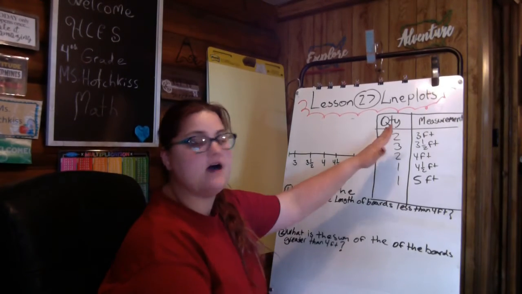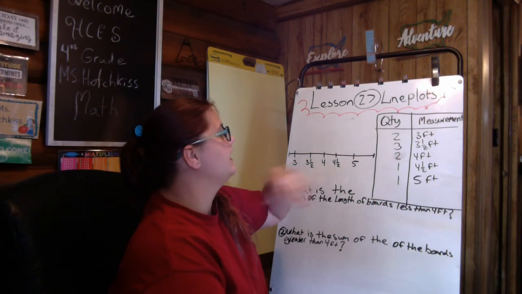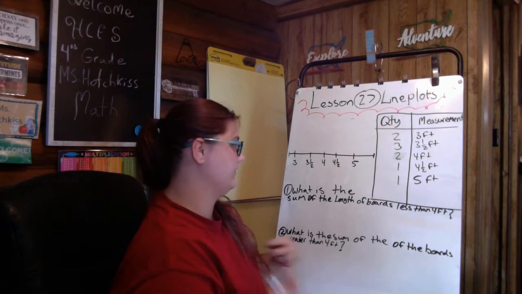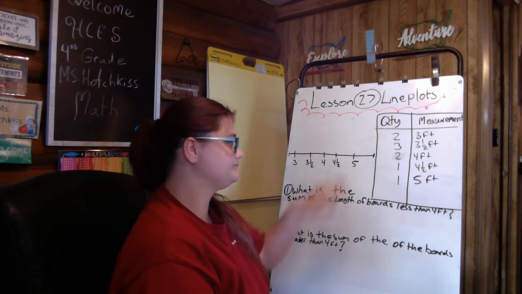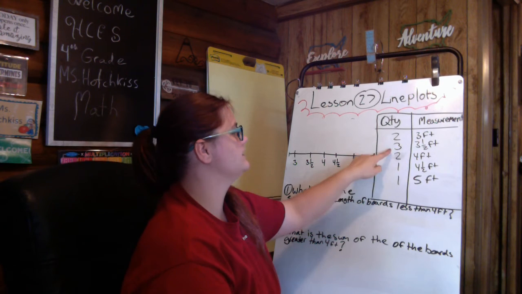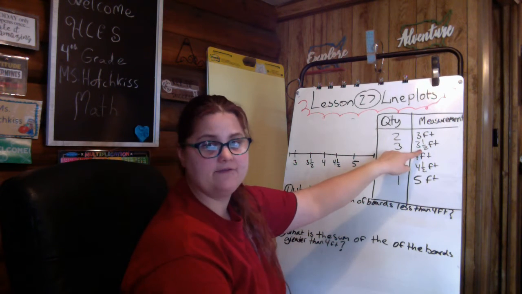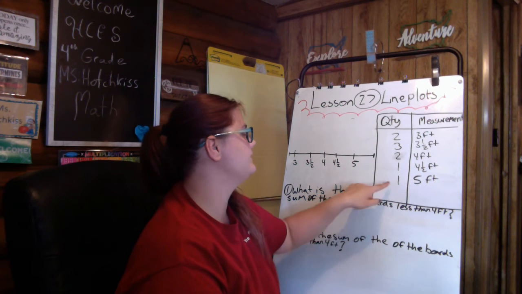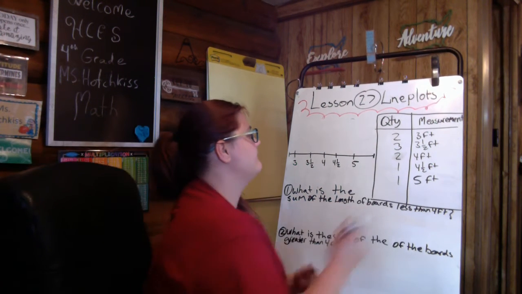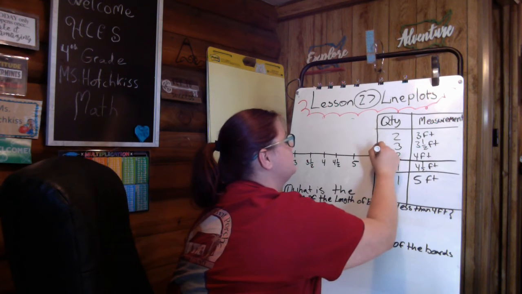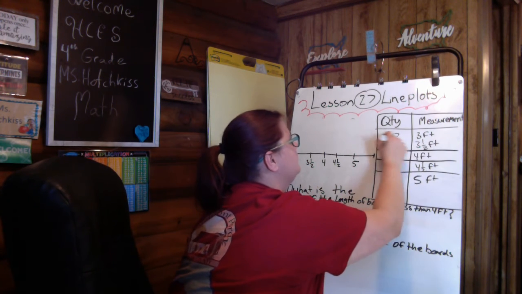I have a T-chart here where we are looking at boards that we are going to use for a garden fence. So we have 2 3-foot boards, 3 3.5-foot boards, 2 4-foot boards, 1 4.5-foot board, and 1 5-foot board. And I'll put a line between these to make it a little bit easier to read.